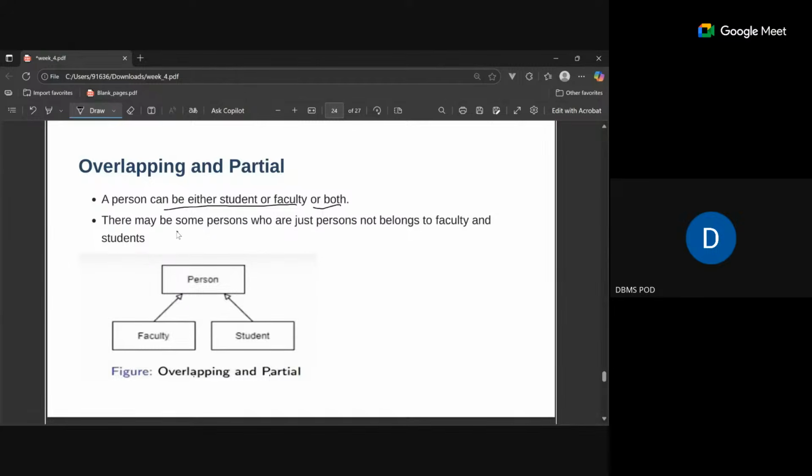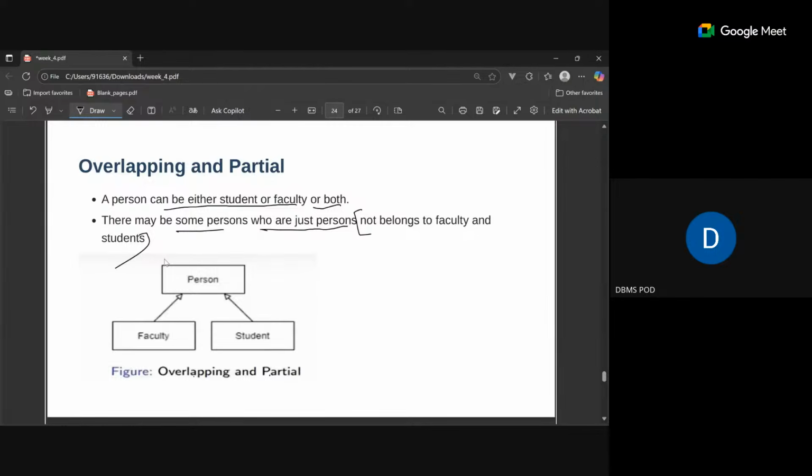And also there could be some persons who are just in persons, but they do not belong to faculty or students. Basically, you can consider this as a role-based one.